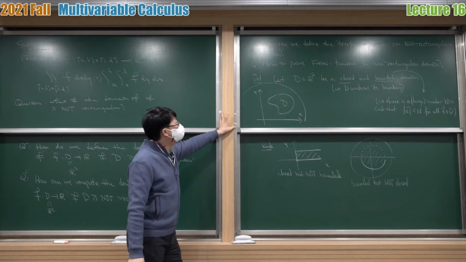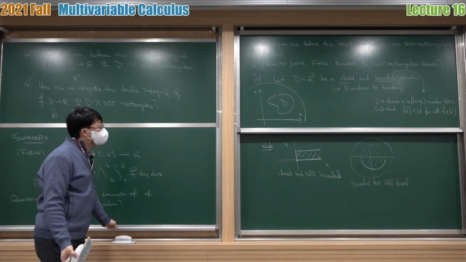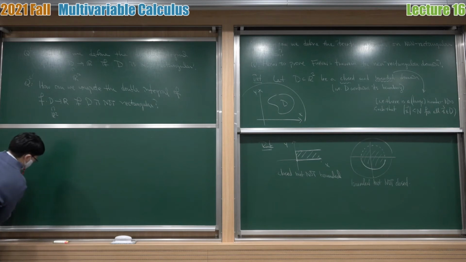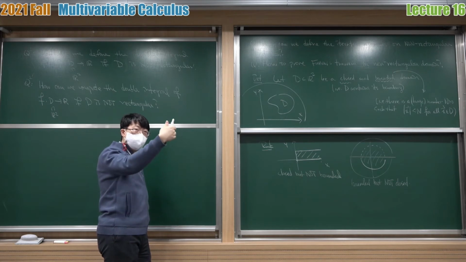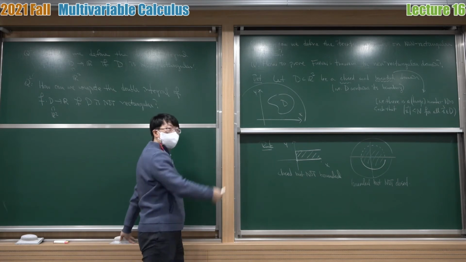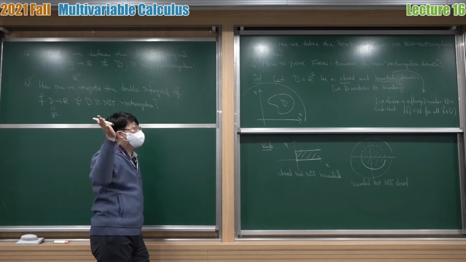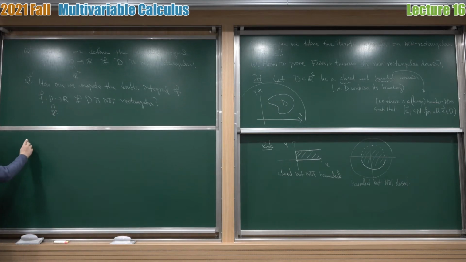Now, how can we define the double integral over this closed and bounded domain? Geometrically, you can generalize the idea. It's the volume under the graph of a function over this domain D, right? But the question is, as Bonje asked, how can you compute that? Let me grab another picture here. So this is x and y and z.